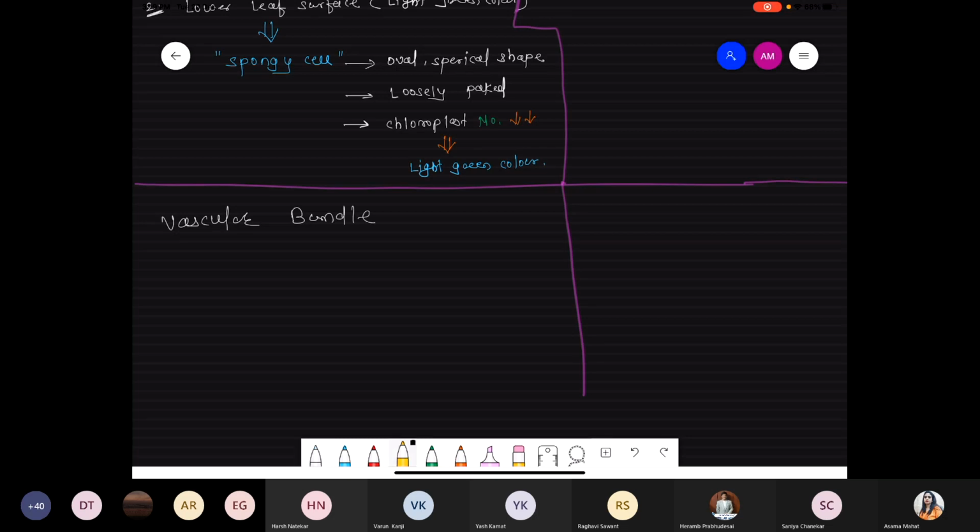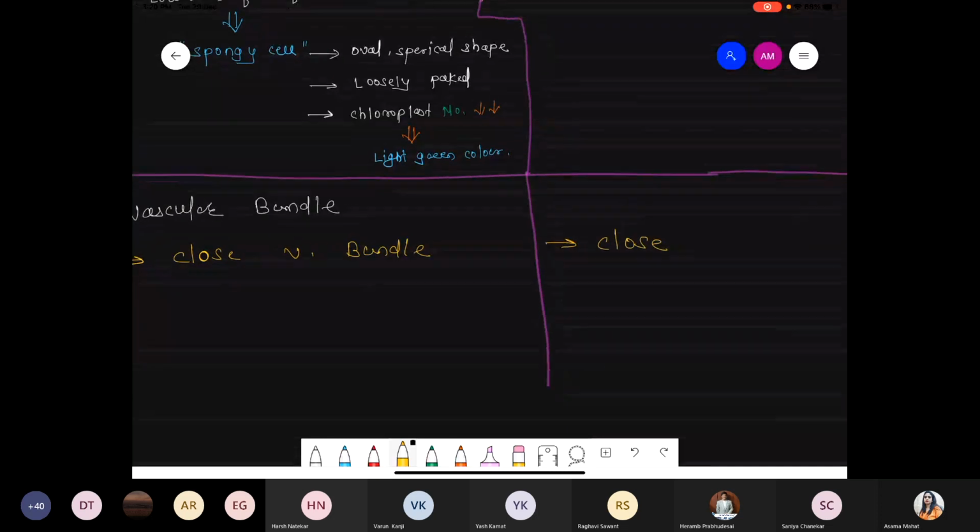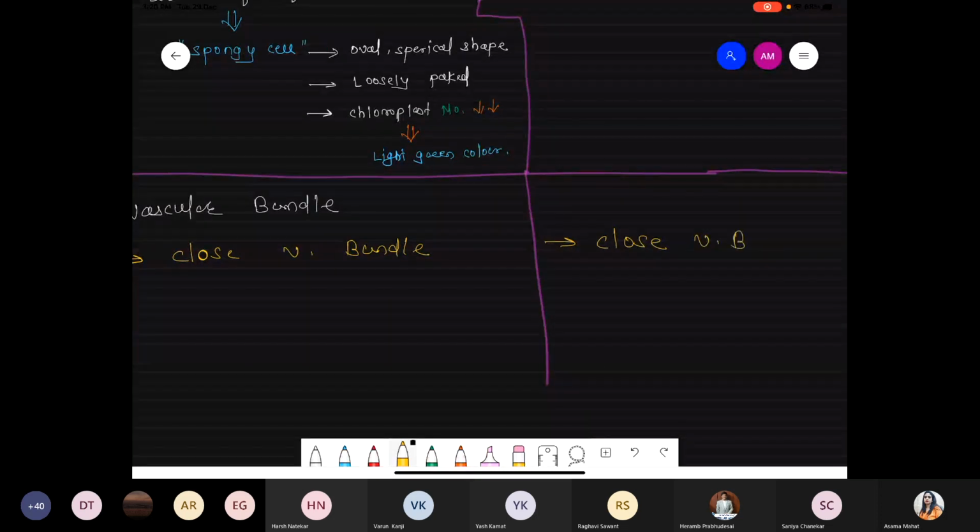In the case of the leaf, there is a presence of the closed vascular bundle, because we don't want cambium. If cambium is present, it provides stiffness and hardness. The leaf is a very delicate part. So in both dicot as well as monocot leaf, closed vascular bundle is present without cambium.